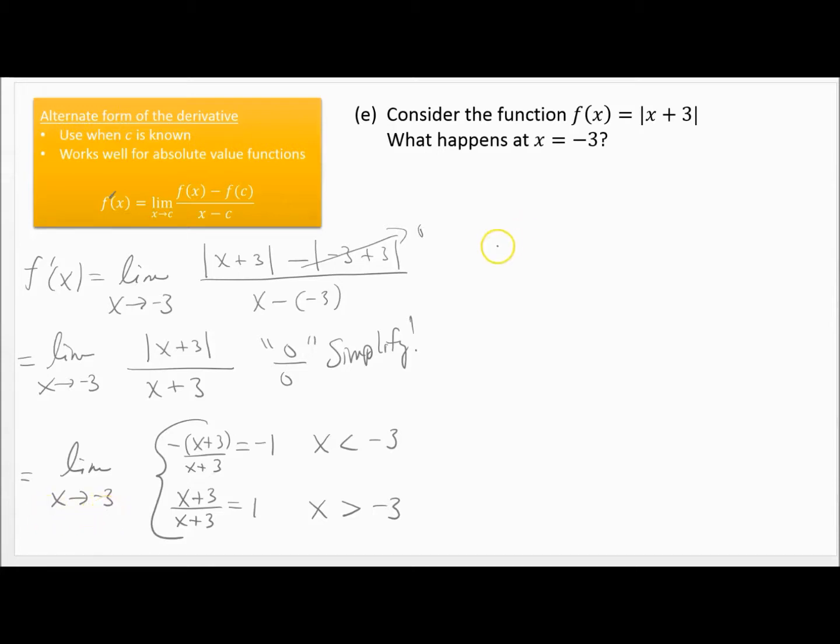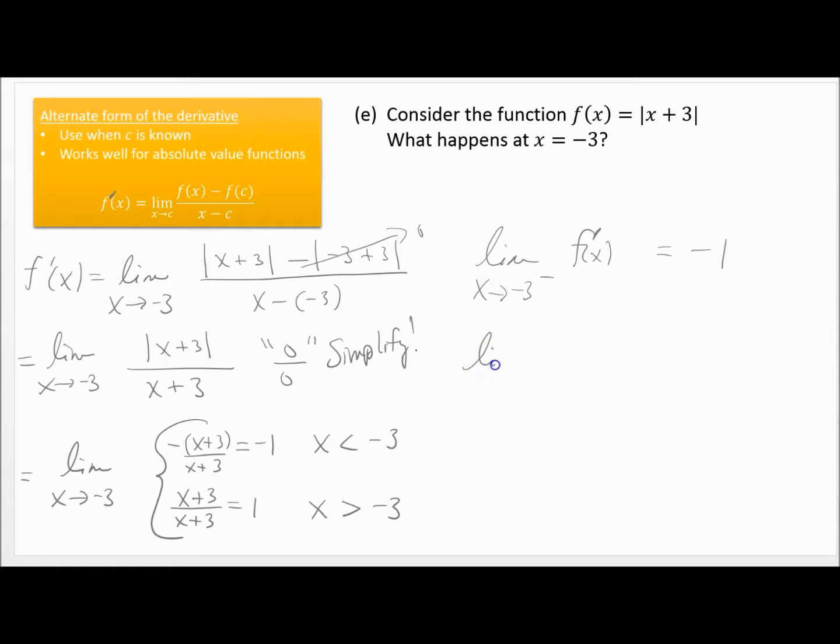We really have to split it up. If we take the limit as x approaches -3 from the left, that's the top expression. Okay, and I'm just going to put f of x just to save us some space. That gives us -1. Actually, it's not f of x, it's f prime of x. Try to ignore that prime.